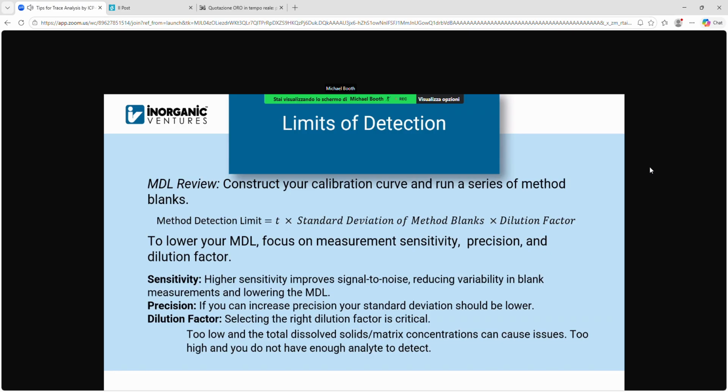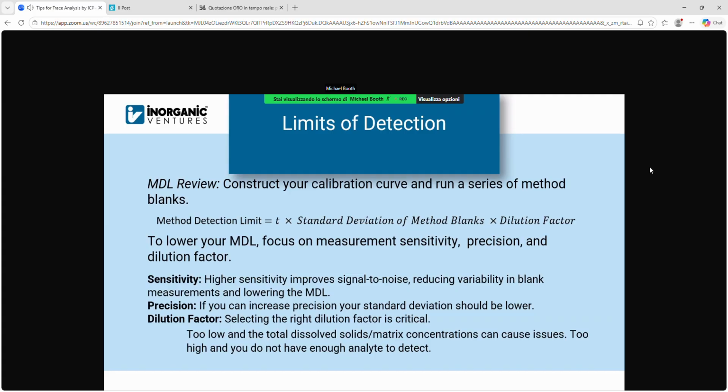So for method detection limit reviews, what you want to do to calculate that is construct your calibration curve and then run a series of method blanks after that. What you're going to do is run maybe 10 method blanks. You want to do a student t-test. So you'll pull up your t-value, multiply that by the standard deviation of your method blanks, and then multiply that by your dilution factor that you use for your samples.